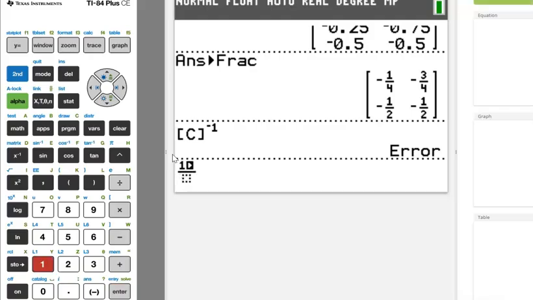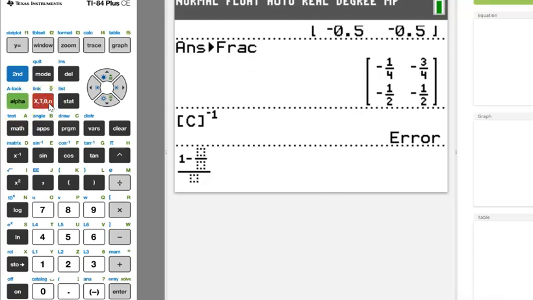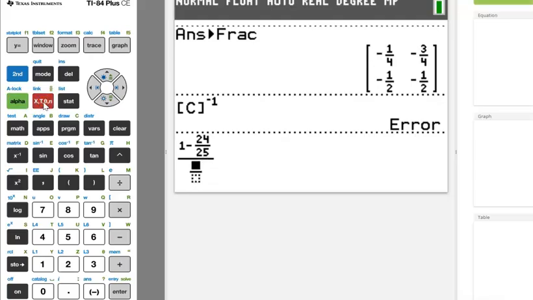All right, so then we're going to do 1 minus, and I'm going to get my little fraction builder again. So 24 over 25, and then in my denominator, do my little fraction builder again, and that's going to give me 7 over 25.